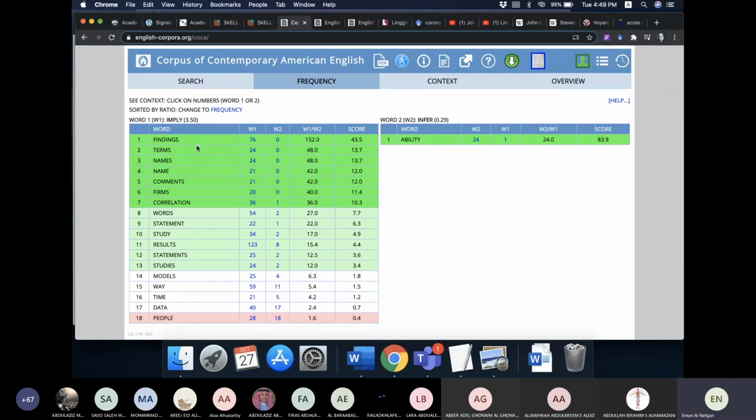What is more common, imply or infer? Imply. Imply is more common. Very good. Not only from the size of the words that co-occur, because we're going to go back and play with it. This isn't acceptable. I don't believe that infer only occurs this often. So I'm going to play with it. But what implies? The findings imply, the terms imply, the names imply, not a person, right?